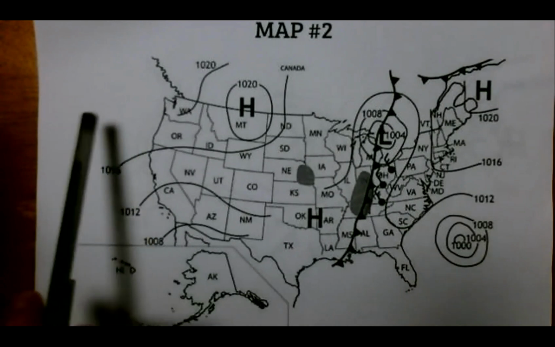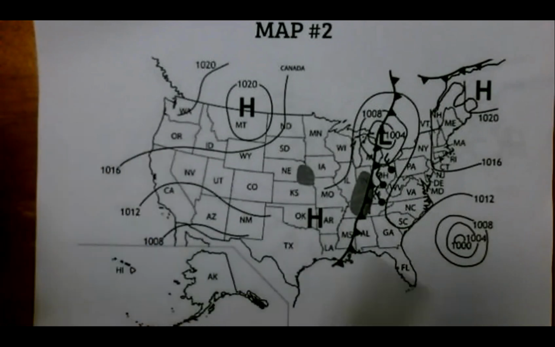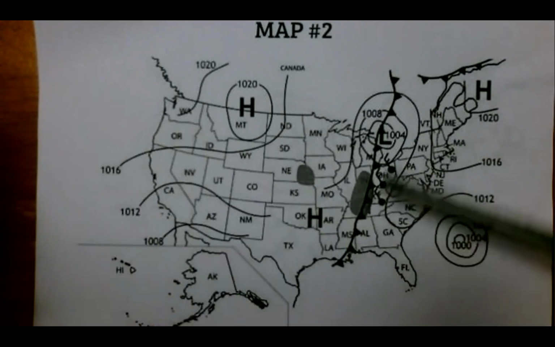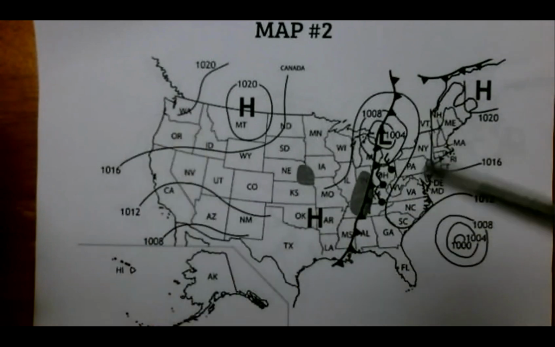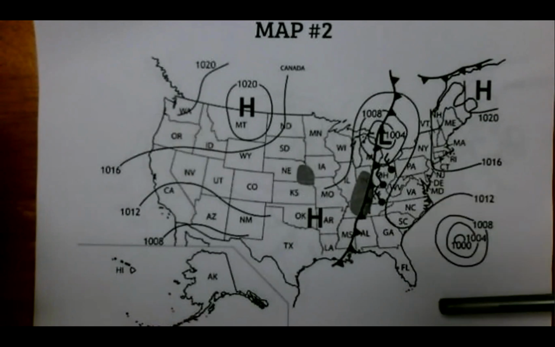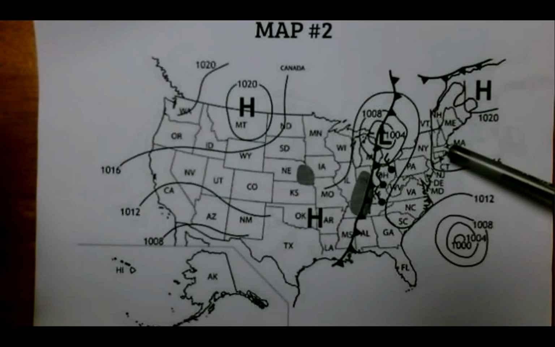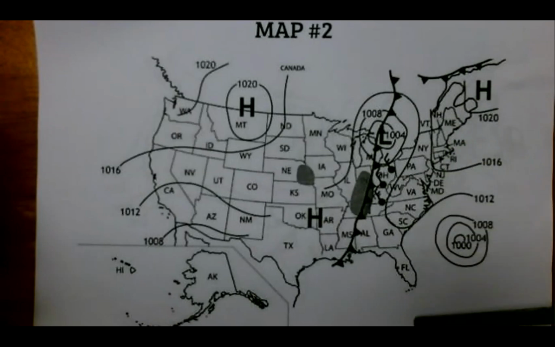Remember that when we have weather moving across the US, it goes from the northwest to the southeast. So this cold front is eventually going to make it down in this area. So we're going to have heavy rain, strong winds, and then cooler temperatures afterwards. And that'll be in a few days' time.